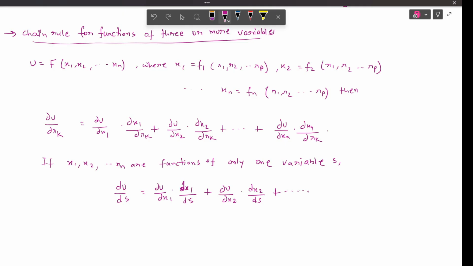In this manner it will go to delta u upon delta xn into d of xn upon d of s.